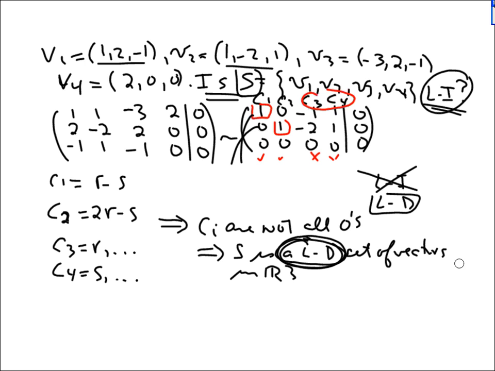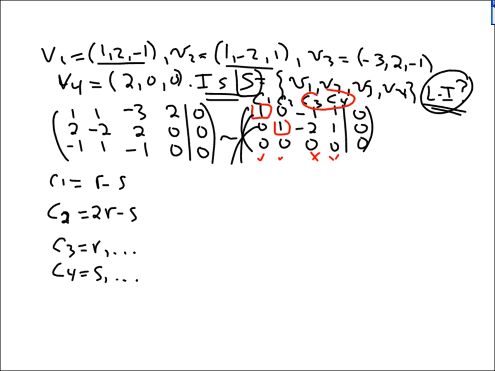Now, I want to show you that this stuff works. Remember I said that the scalars equaling 0 always work? Well, if you let R and S both be 0, that is, if you let C3 and C4 be 0, then so would C1 and C2.